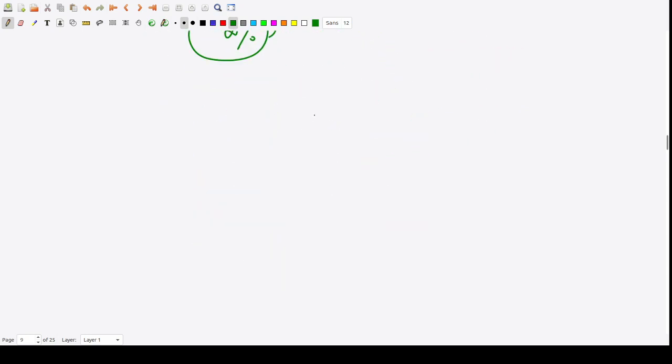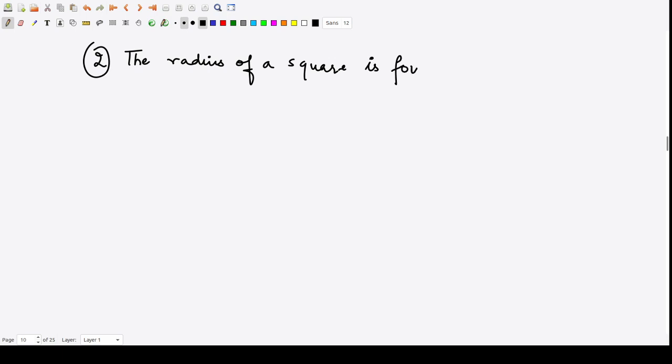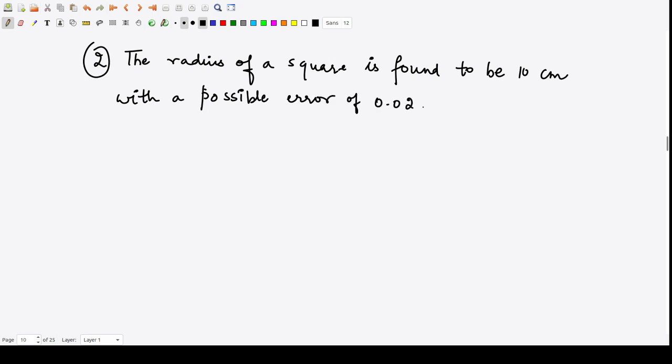So let's move on to the next problem. So the problem is given to be: the radius of a square is found to be 10 centimeter with a possible error of 0.02 centimeter.